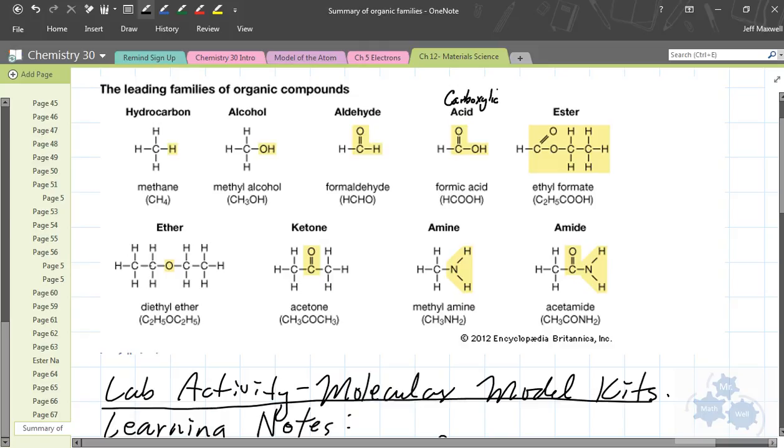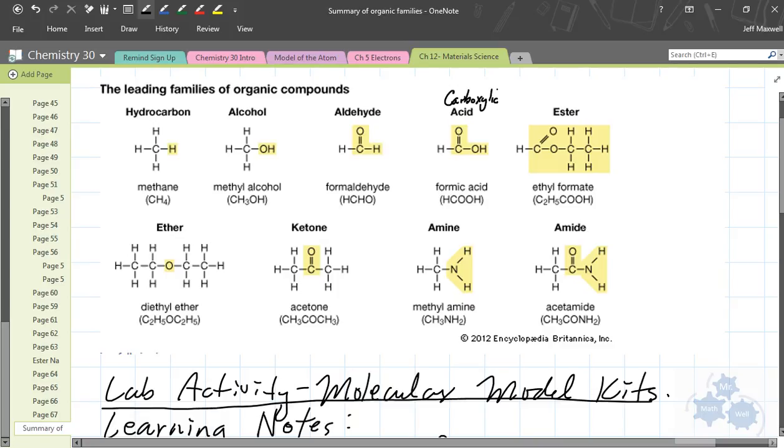This is an ether, COC, ether. The ketone here is carbon, carbon, carbon with this carbonyl group. Different from the aldehyde, there are no H's here, this is in the carbon chain. An amine is an NH2 onto a carbon, and an amide is an NH2 onto a carbonyl group, C doubly bonded to O.